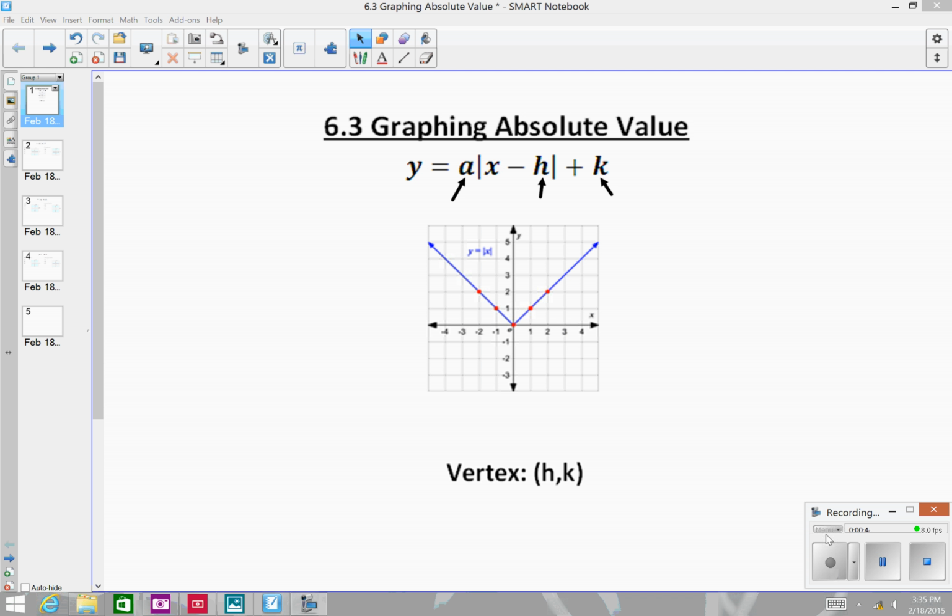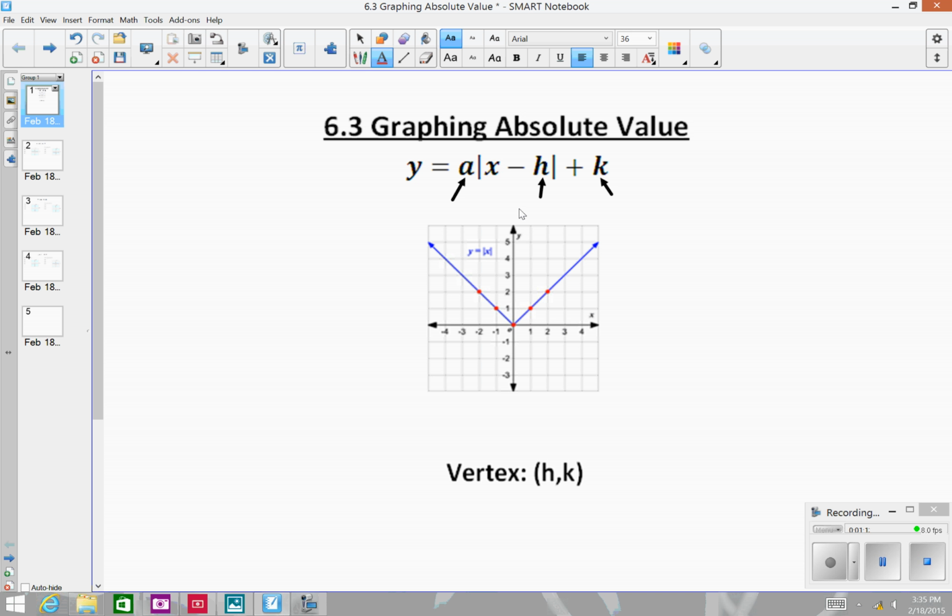So what you should have identified working through the different examples is that my H value, my A value, and my K value do something distinct to each of the graphs. So let's start with my H value. My H value is going to move my graph left or right. So we're going to call it our horizontal shift. If we're on the beach staring at the ocean, we're looking at the what type of line?